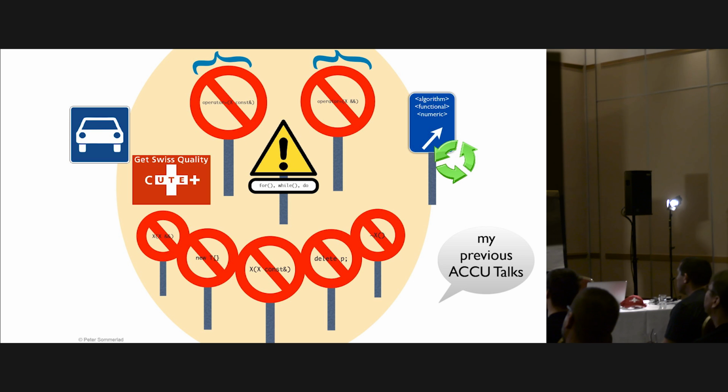Other things, don't write your own loops. One can argue, well, we have range for now and everything is nice. But very often the loops that you write have already been programmed for you and are part of the standard library. The bad thing is many books on teaching C++ only have the standard library algorithms in chapter 20 and later.